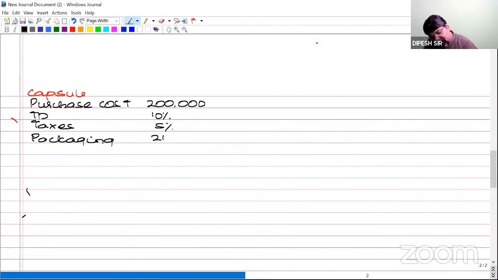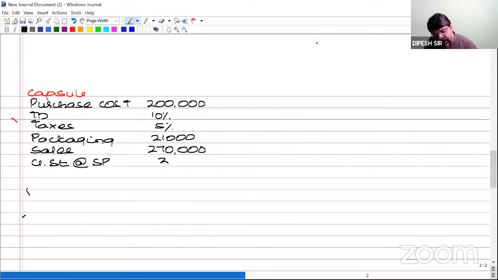Packaging 21,000. Sales 2,70,000. Closing stock at selling price 30,000.